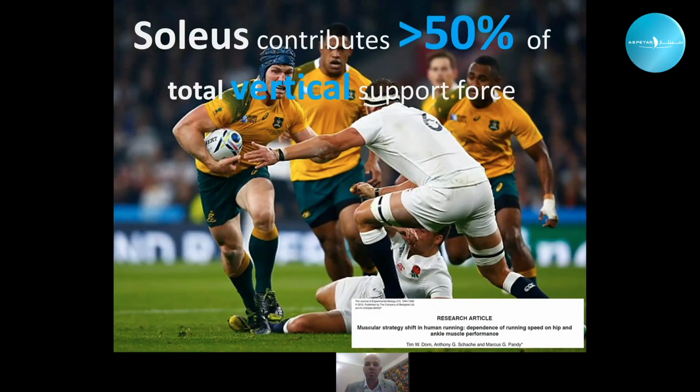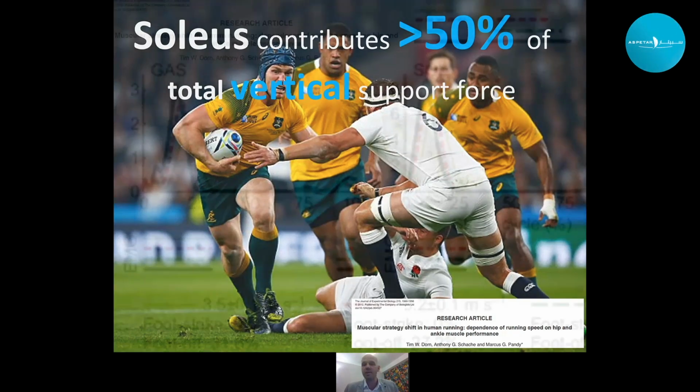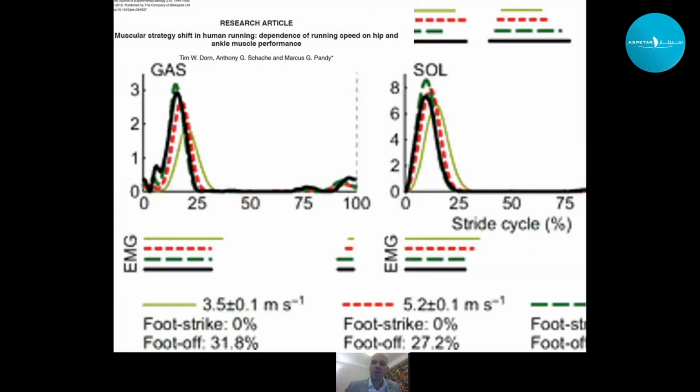The soleus itself, when we're running, contributes a large proportion of the propulsive forces, a vertical force of more than 50% of total forces based on numerous studies. That equates to an intramuscular force of approaching 8 times body weight, no matter really what run speed we do for the soleus, and around 3 times body weight for the gastroc.